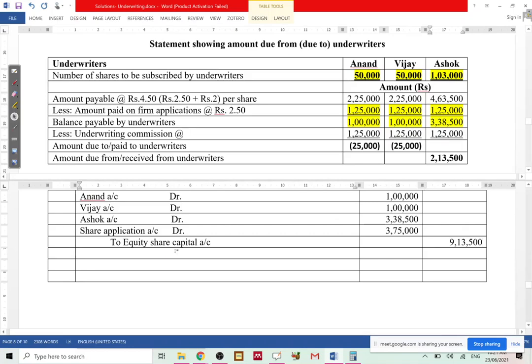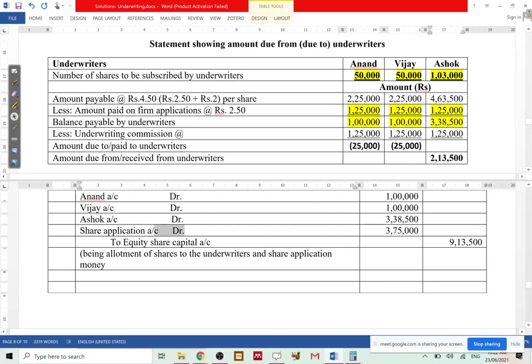Okay, so share application. So what are we saying? Being allotment, meaning that much money has come in. It has been allotted to these people of shares, to the underwriters, and share application money, that is the second part.